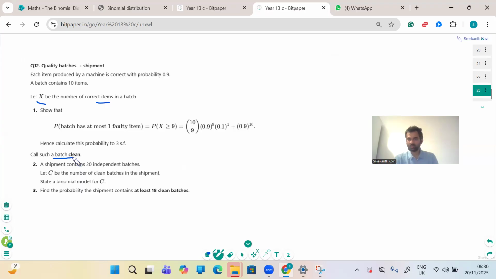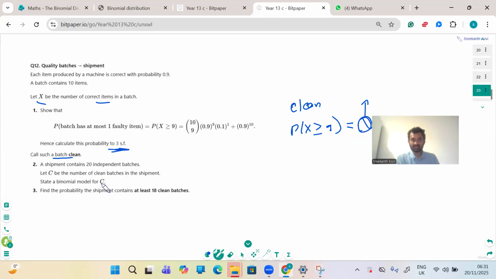So P of X is more than or equal to 9. You get the probability there. Whatever number you get tells you the probability of the batch being clean. Not week, sorry, I'm mixing up the previous question. The batch being clean is this one.